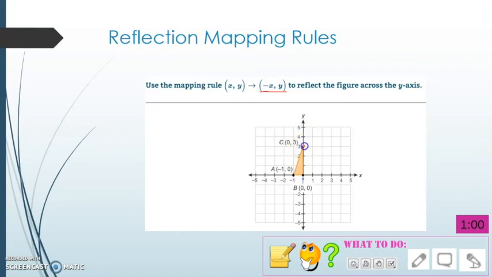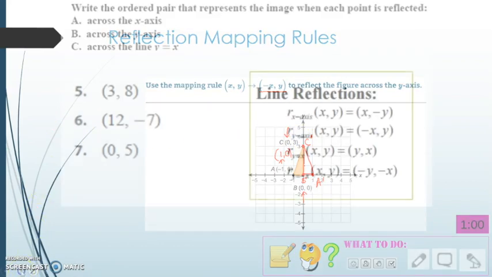If you have two of them that are actually on the y-axis, they're not going to move anywhere because you can't change the sign of the 0. Then the point A, since it's at negative 1, is going to change to positive 1, 0. So it's going to go 1 to the right. That's where that triangle would land after a reflection across the y-axis.